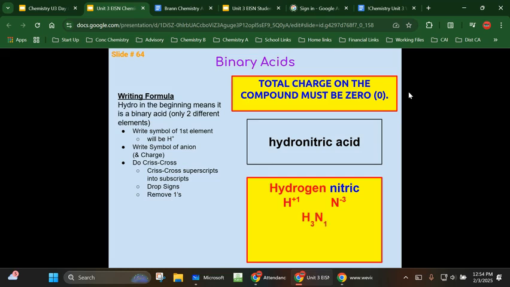With AQ after it. That's it, ladies and gentlemen. That's it. The same ideas we have been using with ionic compounds. The only difference is the only thing that will be in that first part will be hydrogen. Hydrogen is the only element that will begin the acid.